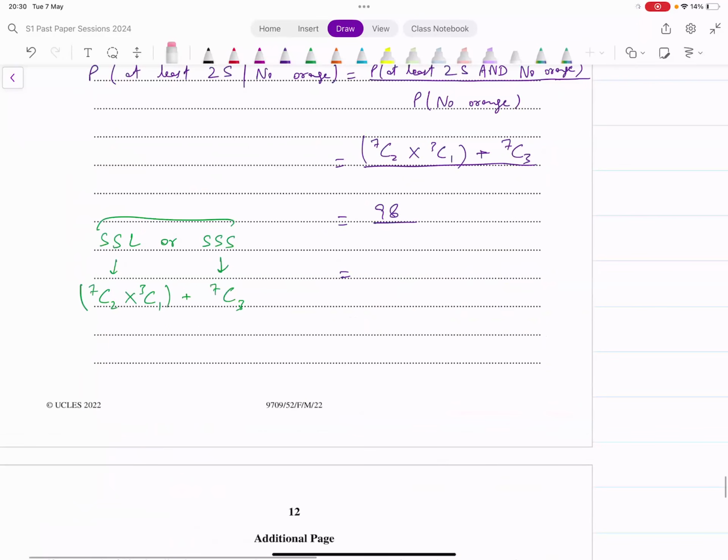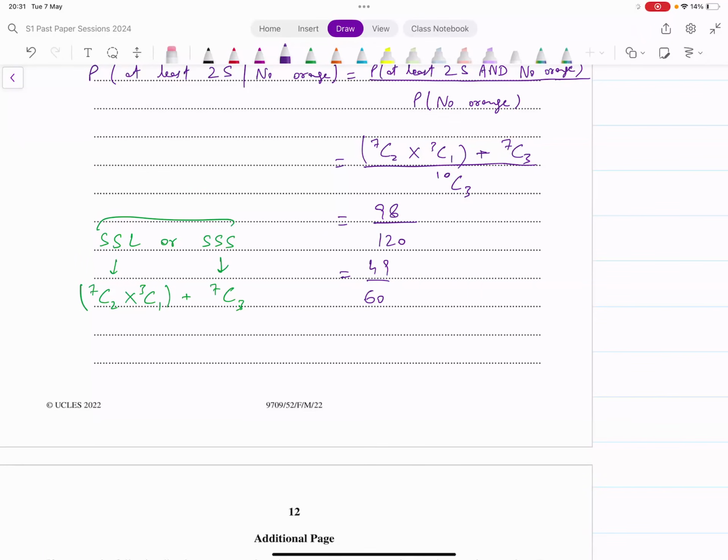Instead, we should have number of combinations. We do not want any orange chocolate. So out of the remaining 10, we want 3 chocolates. That will be 10C3. What's the denominator? 10C3. That's 120. 98 over 120, that simplifies to 49 over 60. And that's your probability that you're looking for.